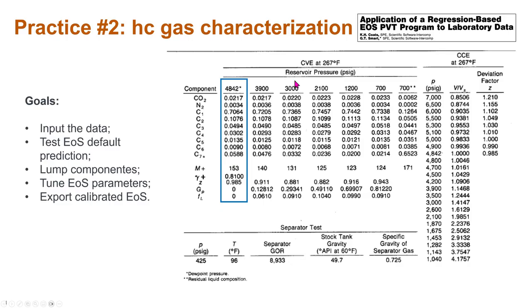In this case, I have a CVD. This is the composition analysis for this pressure. This pressure is the saturation pressure, as you can see here. This pressure is the saturation pressure. This one is not a bubble pressure, it's a dew pressure.